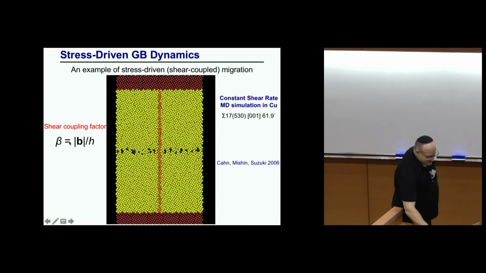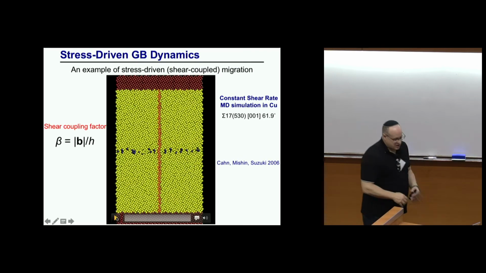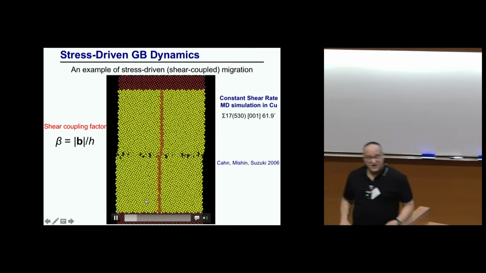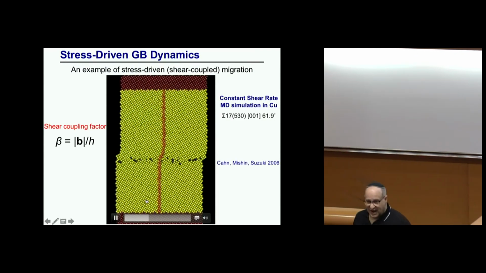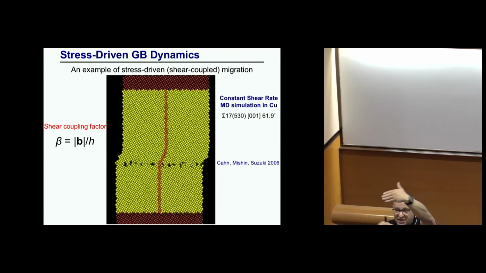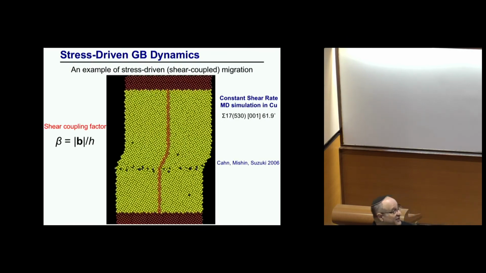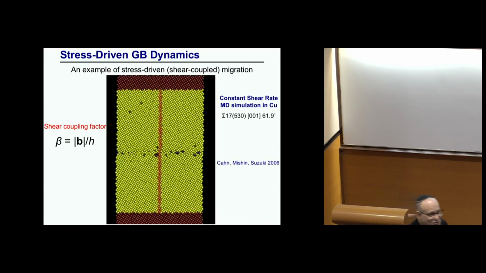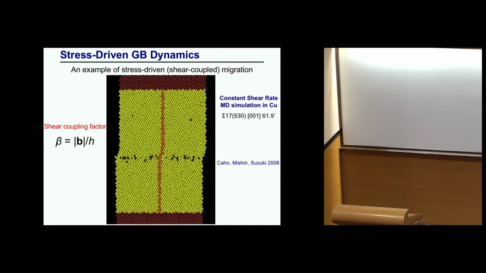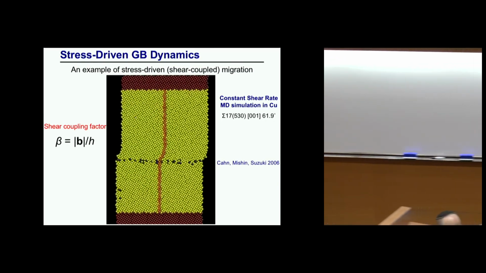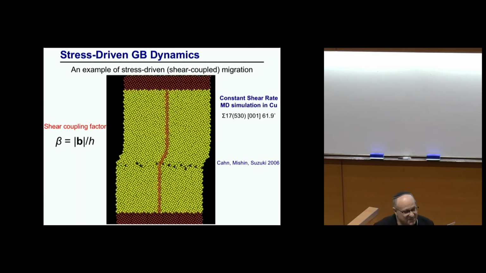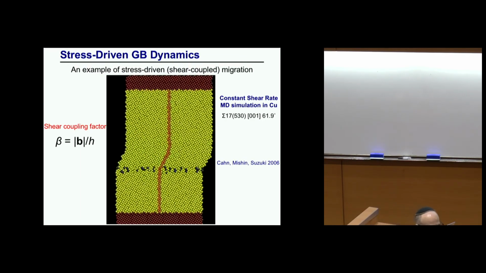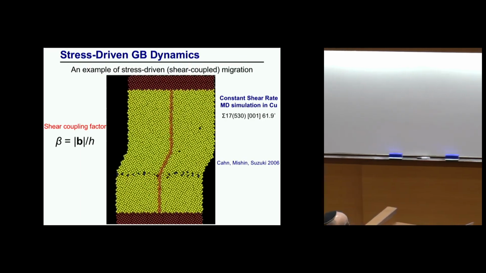Now, all this is nice. Does it really work? So there's a simulation done by Yuri Mishin and his student. What we have here is a bicrystal. You're shearing the top with respect to the bottom at fixed velocity. The red line is a fiducial mark, which means I just colored a line of atoms red. They have no difference in property. Experimentally, it's usually a scratch. It's fixed to material points.